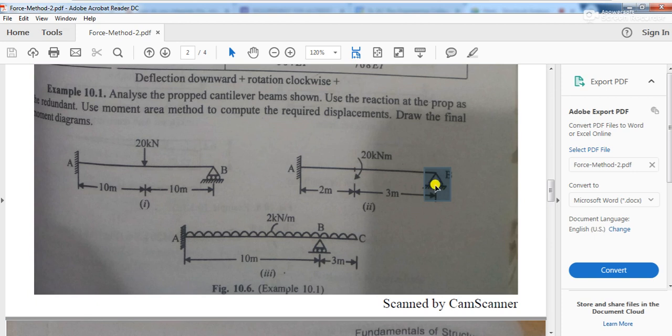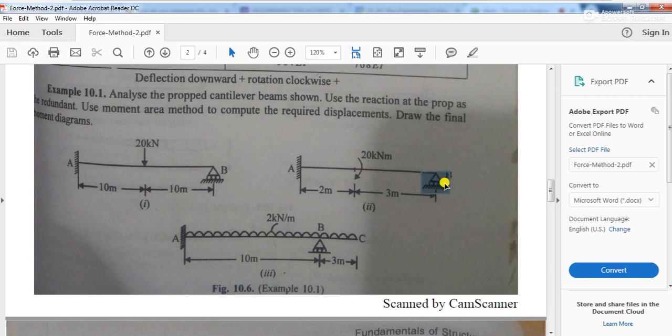If you just remove this roller from this structure, then this propped cantilever necessarily becomes a simple cantilever, which is a determinate structure, and you should be able to solve it using the equations of statics. But your structure is not determinate because there is another roller placed over here.